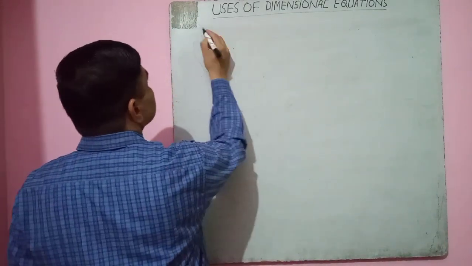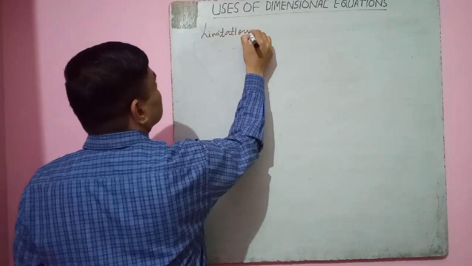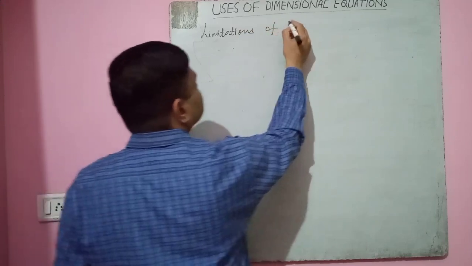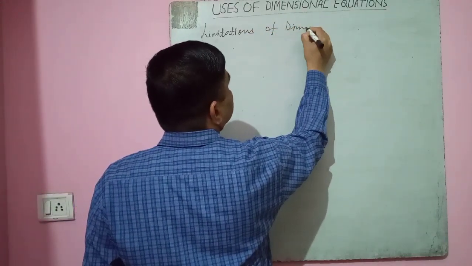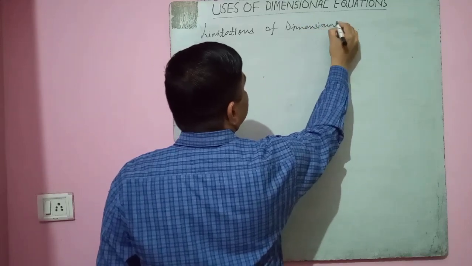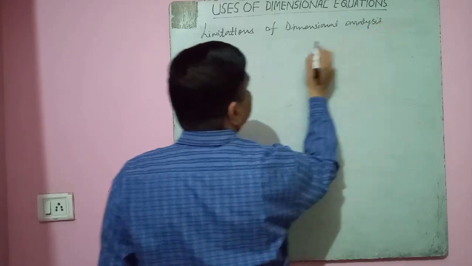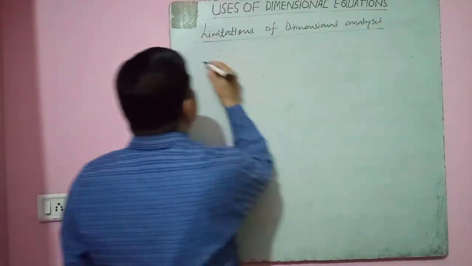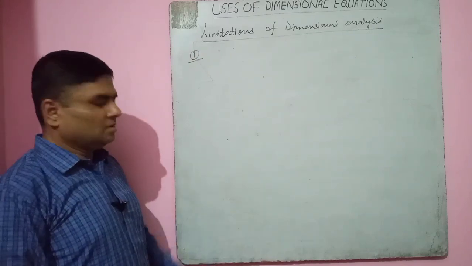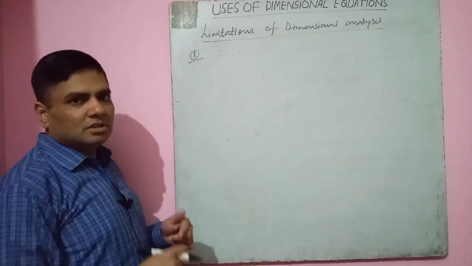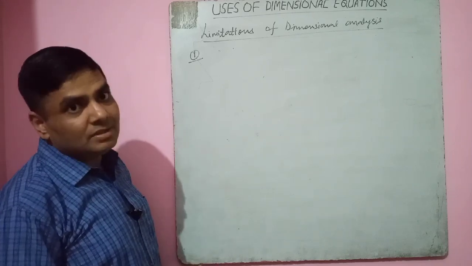Limitations of dimensional analysis. First limitation is, as we saw in the previous example, that the value of the dimensionless constant K cannot be found out with the help of dimensional analysis.